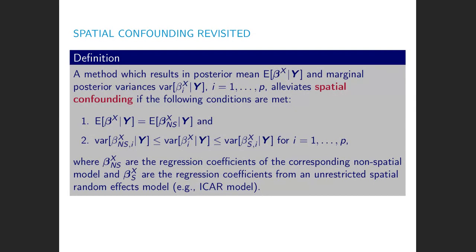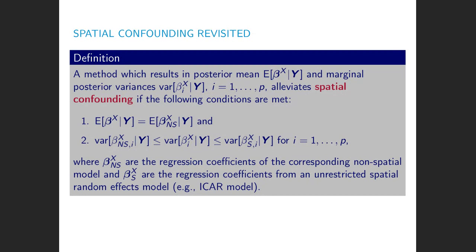On the other hand, because Rich et al. had suggested that the ICAR model was overinflating variances, we want the restricted spatial regression variance to be less than or equal to the variance in the ICAR model.